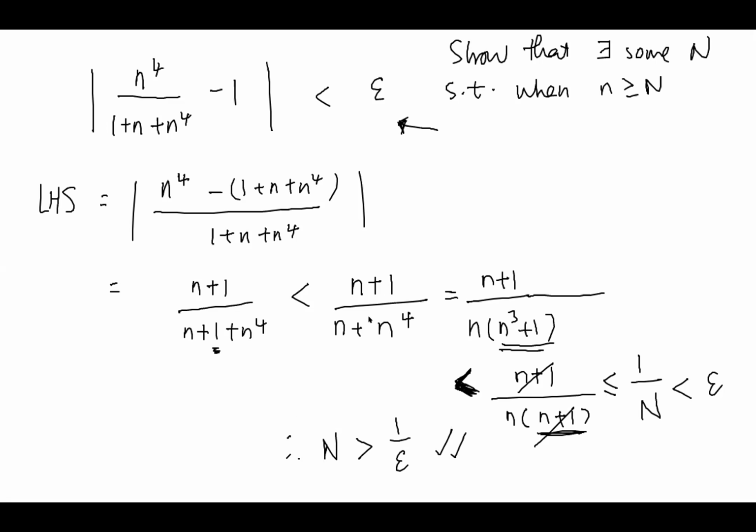The trick here is first you look at this. The usual trick is to find some kind of bound that will kick away the constant. This is a constant. You find some bound that doesn't contain the constant. And after that, you may try some factorization to simplify the equation. And then you find some kind of bound that works on here: you see that n plus 1, this is n power 3 plus 1.